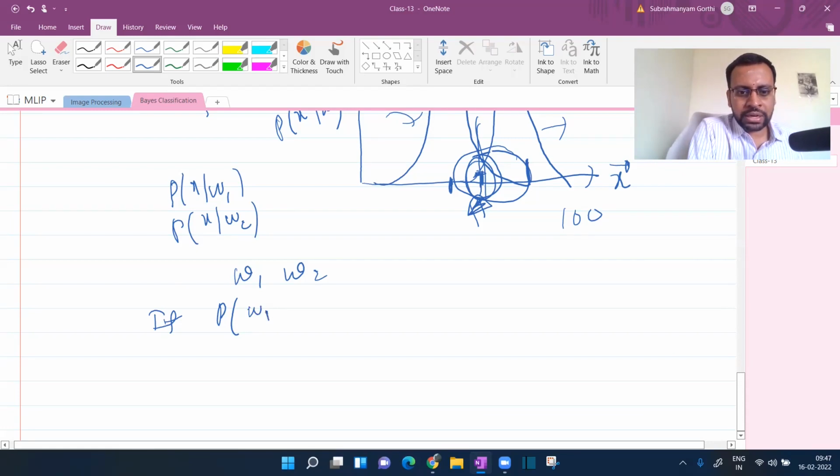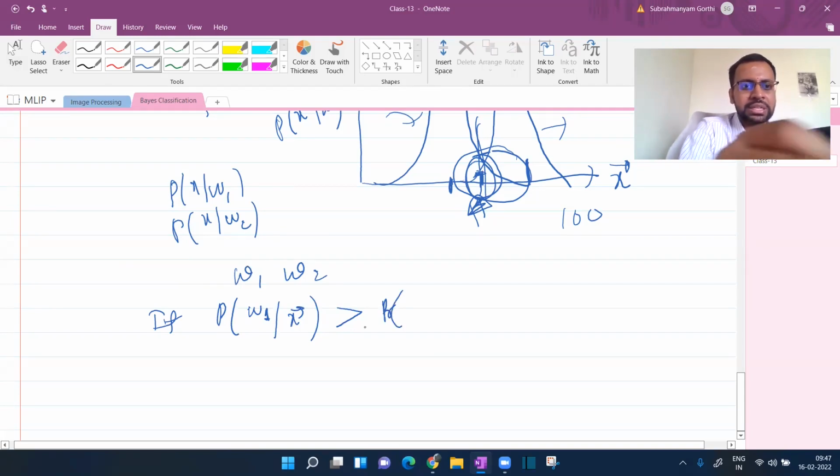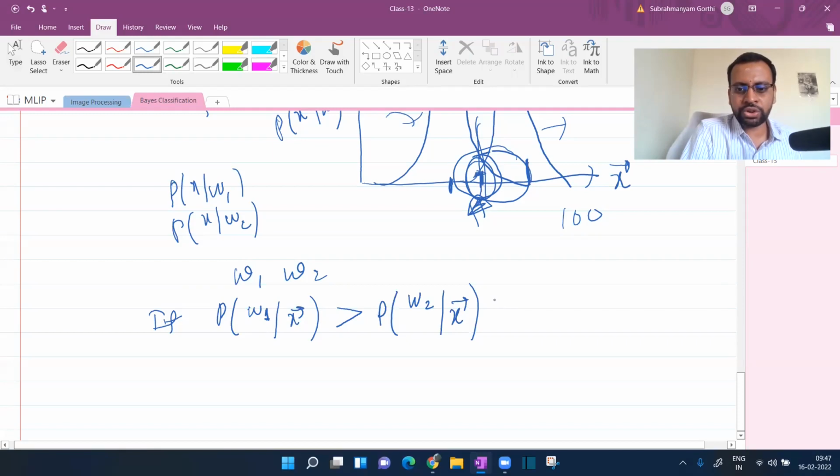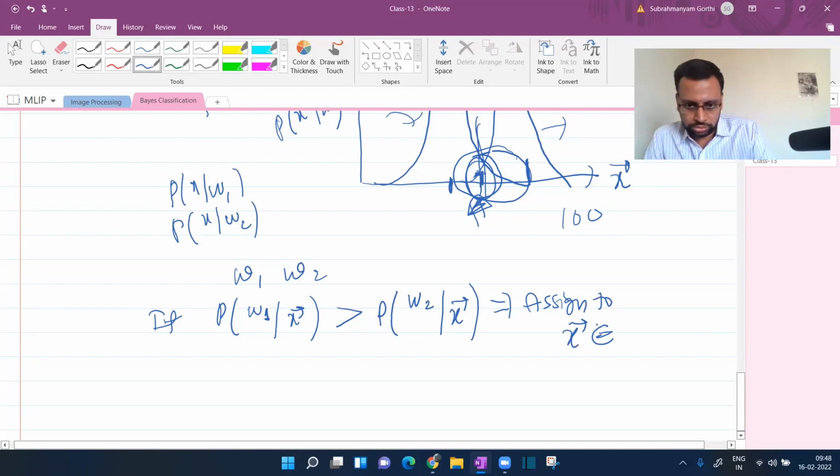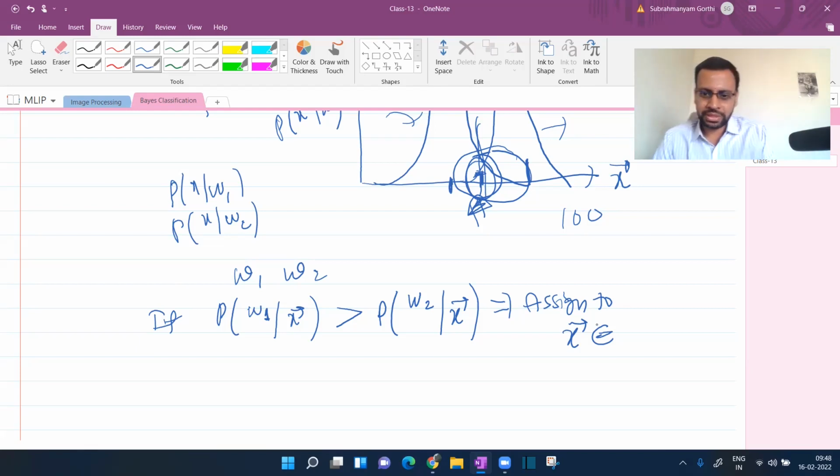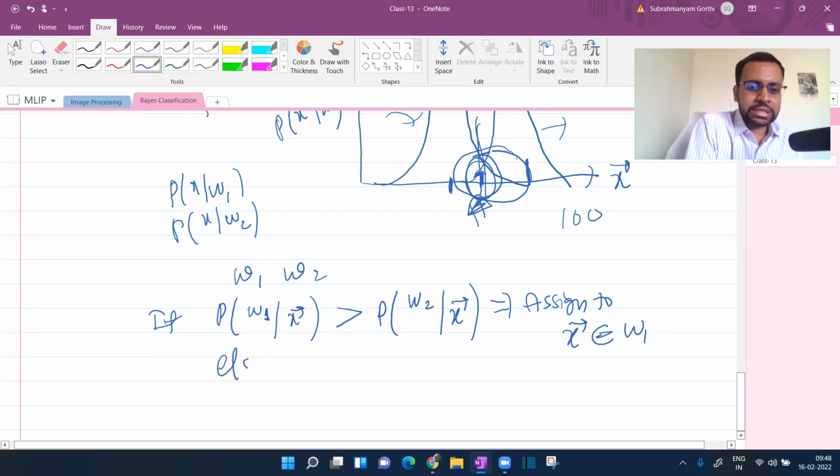If P(omega 1 given x bar) is more than P(omega 2 given x bar), then x bar belongs to omega 1, and else x bar belongs to omega 2. Let's follow the same notation consistently.